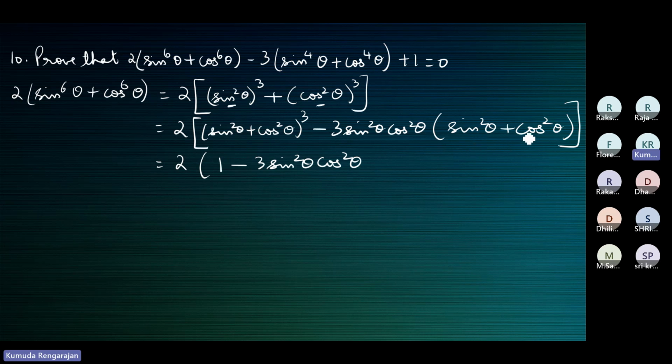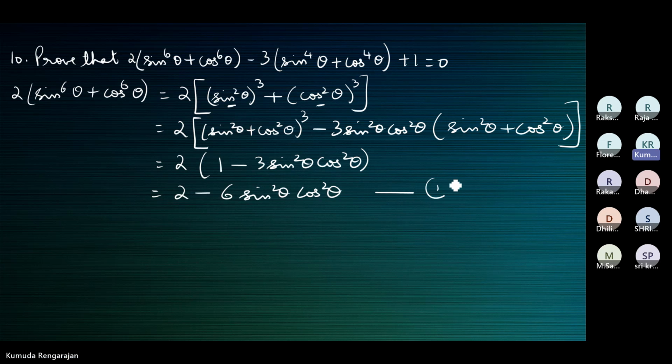Because again sine square theta plus cos square theta is 1. So you can just ignore it. So this gives you 2 minus 6 sine square theta cos square theta. Have this result. Now we'll work the next one.